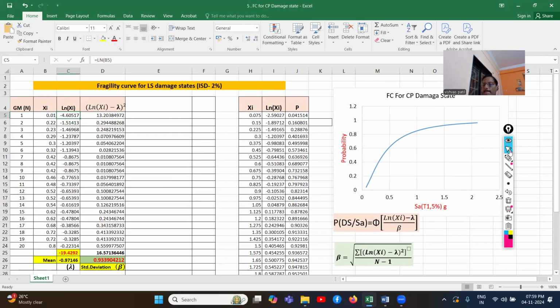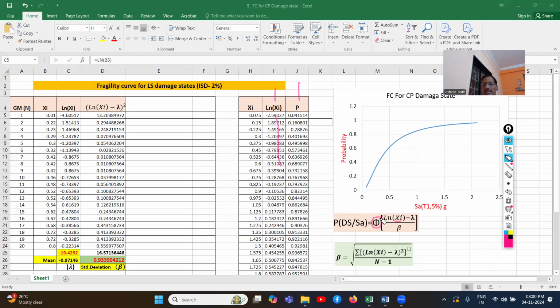Then in this fragility equation, we need the natural logarithm of xi. So the next column will be the natural logarithm of whatever these values are. Then calculate the final column, which is the probability.